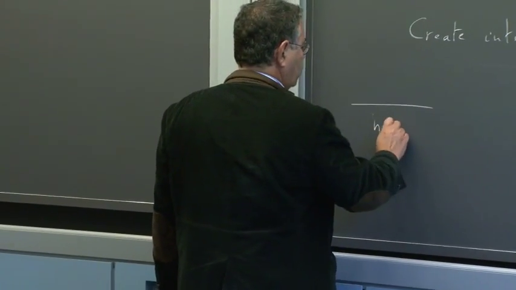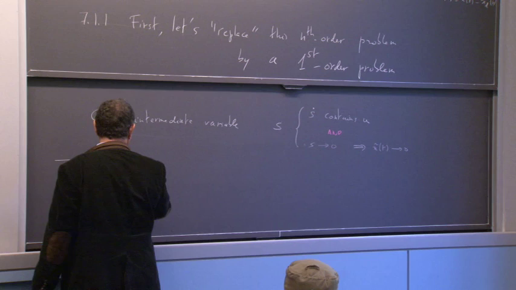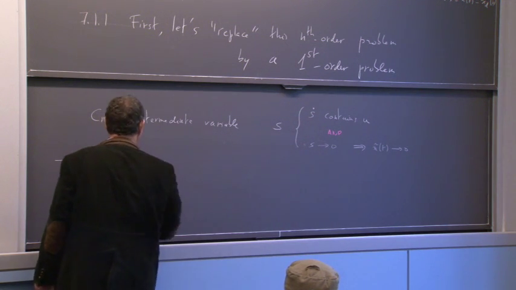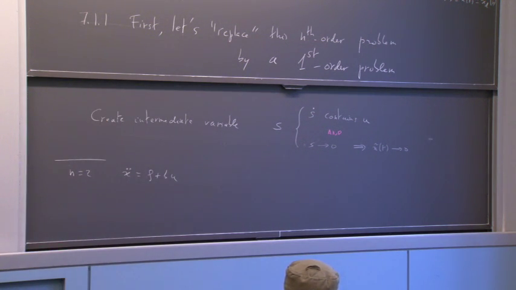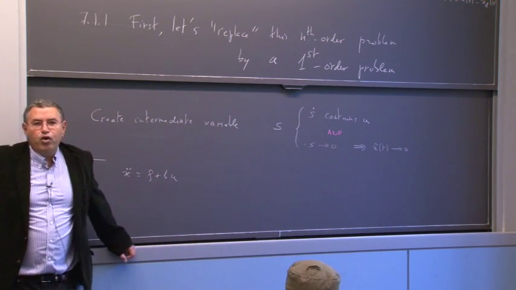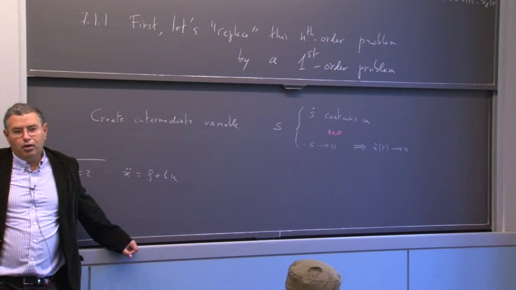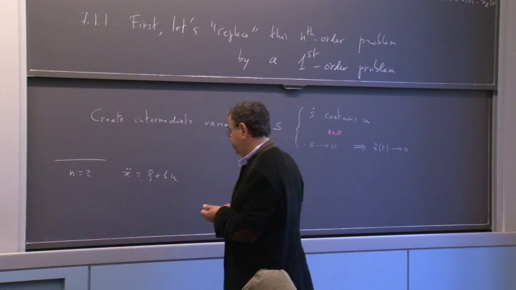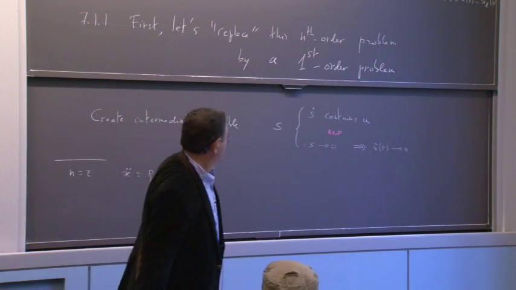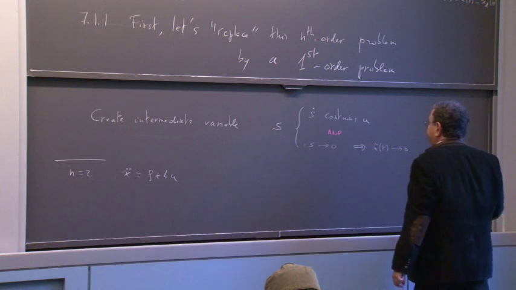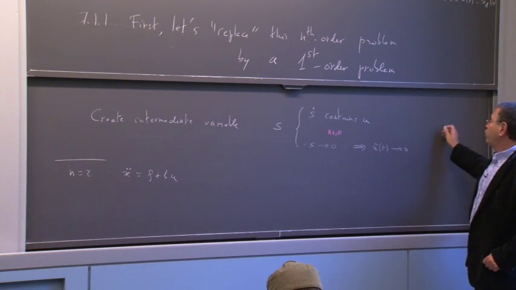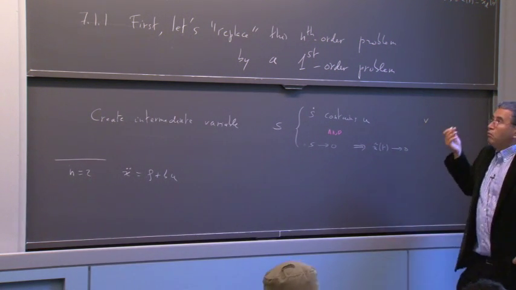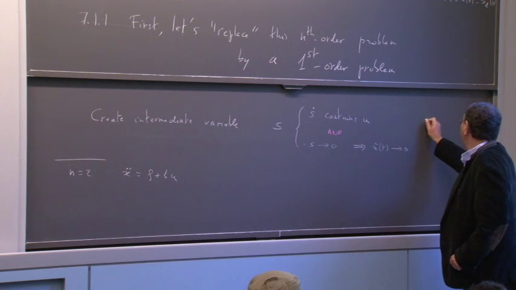So let's think of it in the case n equal 2. So we have x double dot equal f plus bu. What variable could we pick to satisfy the first condition? Well, we could pick s equal x dot.